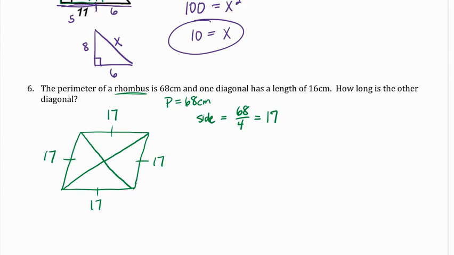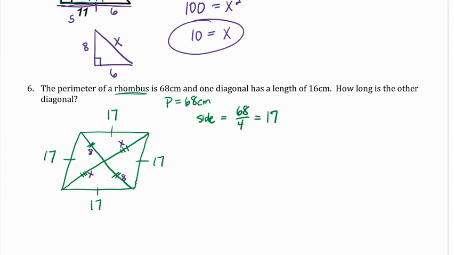But we do know in all parallelograms that the diagonals bisect each other. So this and this have to be the same length, and this one and this one have to be the same length. So one of the diagonals is 16. If I split that in half, that's 8 and that's 8. And we're looking for this other side over here.